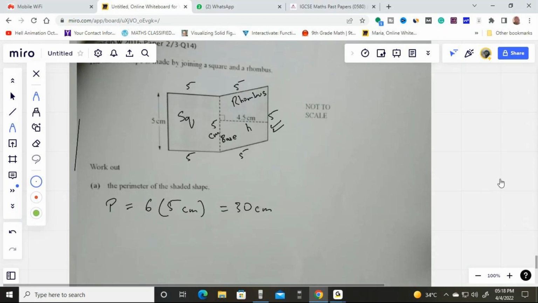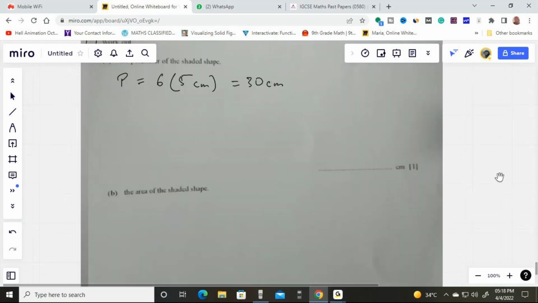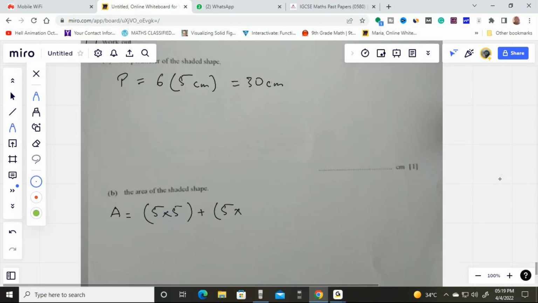So you can now easily find out area of the rhombus by multiplying base with the height. So 5 into 4.5. So area will be area of a square, 25, plus area of a rhombus, 5 into 4.5, which is 22.5.